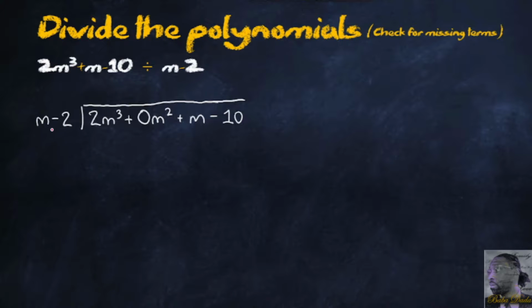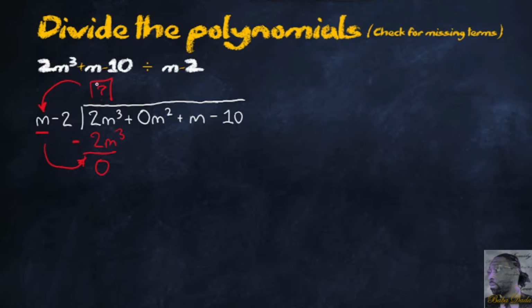So the goal of the polynomial division is to multiply this term by a number here, to where we can get a number that will create 0, that when we subtract 2m cubed by this number that we multiplied by, it will give us 0. And that's going to be 2m cubed.